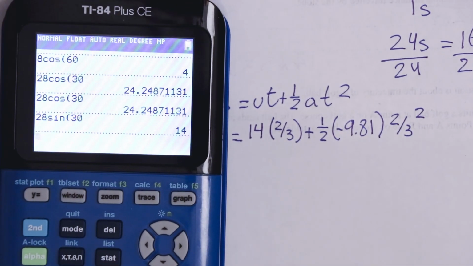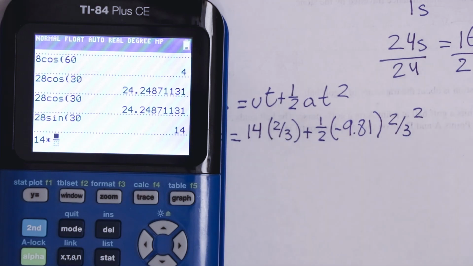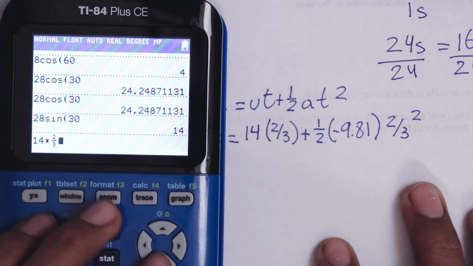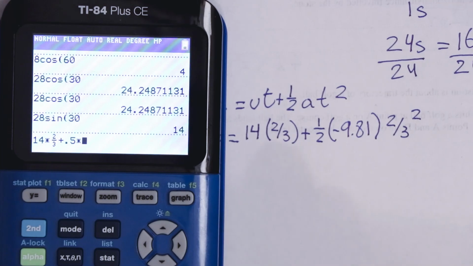It's 14 times 2 divided by 3. Next, plus 1/2, which is just 0.5, times negative 9.81, times 2 divided by 3, squared.